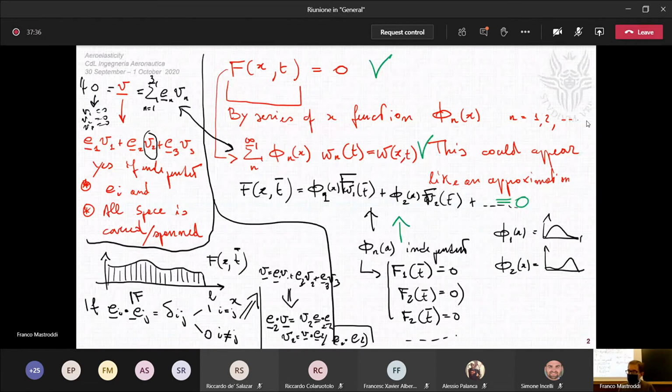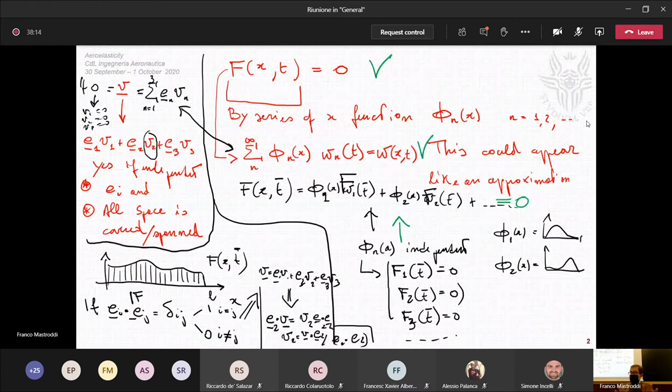It's the same for the function. If you have a function f expanded as a combination of independent functions and this function is 0, necessarily the components have to be 0. And the components now are f1, f2, f3, and so on. Okay? Probably for the first time in your life, we are robustly discovering the famous Galerkin method.